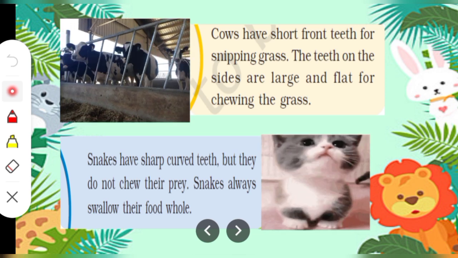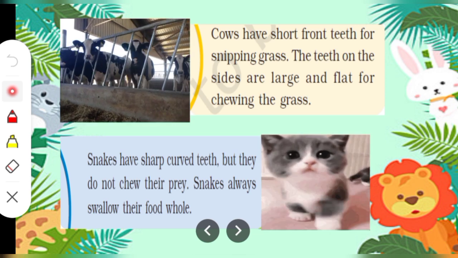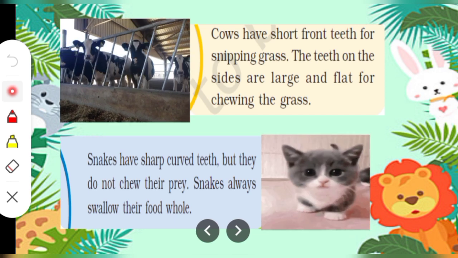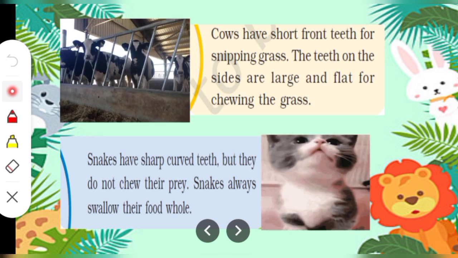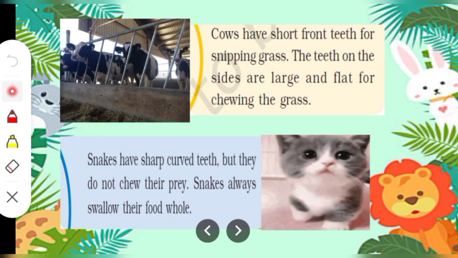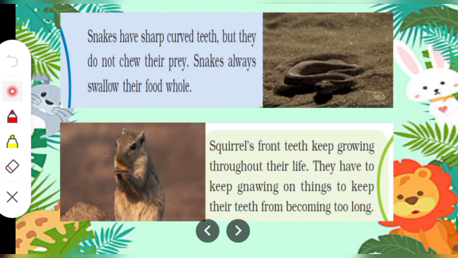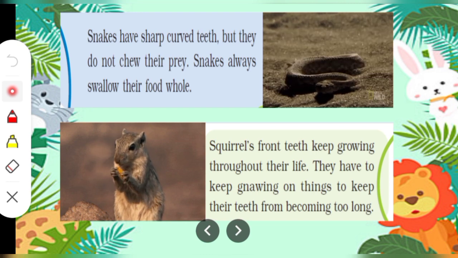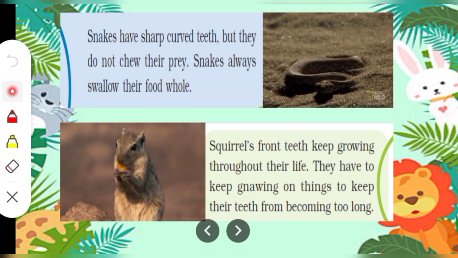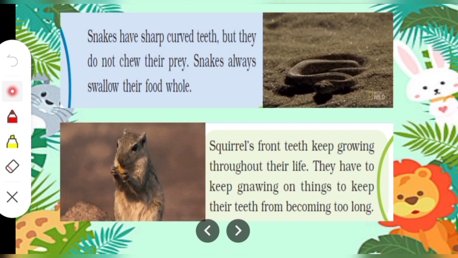Snakes have curved teeth, but they do not chew their prey. Whatever they are hunting, they do not chew it, they directly swallow it. Next one is the squirrel. A squirrel's front teeth always keep on growing, and that's why they keep on gnawing on things to keep their teeth from becoming too long. That's why squirrels keep on eating every time.